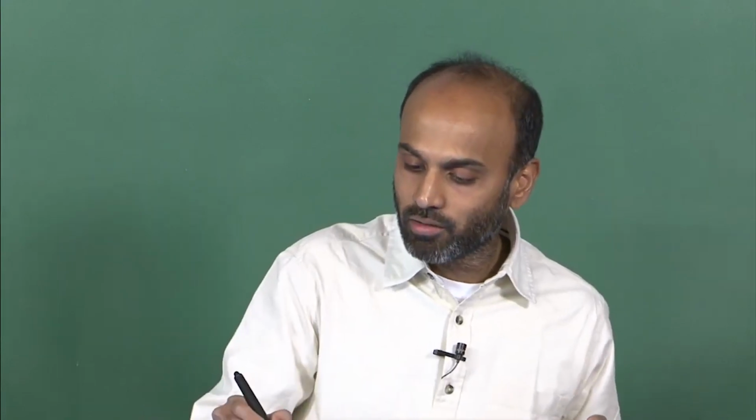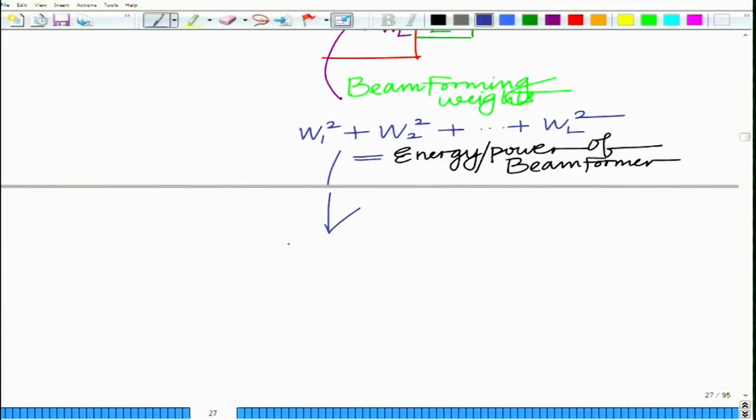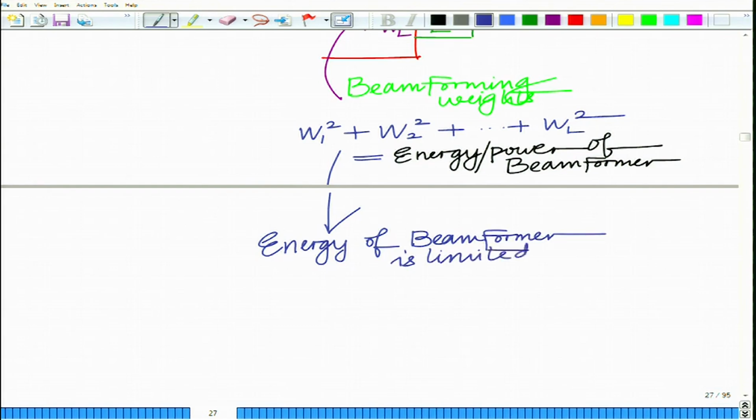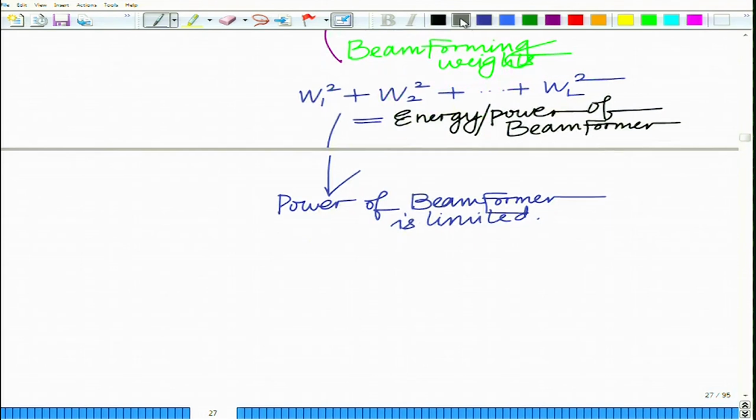So, in any wireless communication system, the energy of the beamformer has to be limited. Let us call this the power, because that is typically the nomenclature used. The power of the beamformer has to be limited.